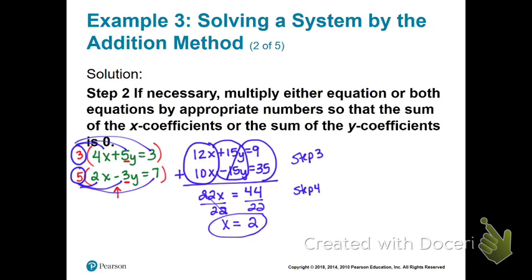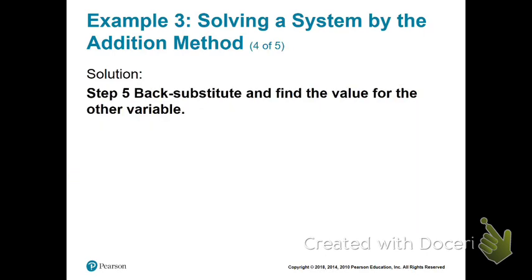All right. So that is the x variable of my solution. Since we went ahead and did step 3 and step 4 on the same slide as step 2, I jumped over here to step 5, which says use back substitution and find the value for the other variable.